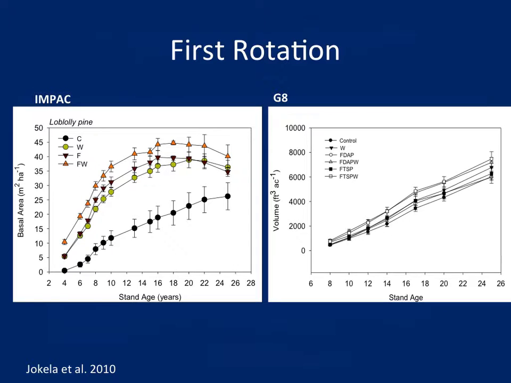But the other thing you should be able to see from this immediately is that there was a sustained increase in productivity as the result of the silvicultural treatments, right? Over here, G8, which was eventually SSPS, at more operational levels, there's an increase in productivity with the fertilization plus weed control.